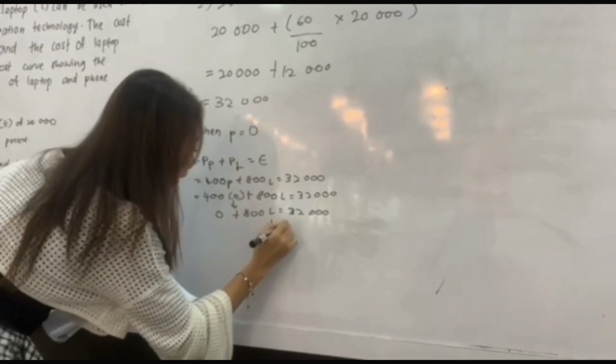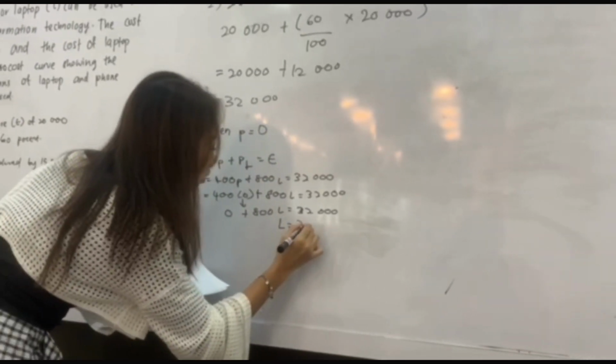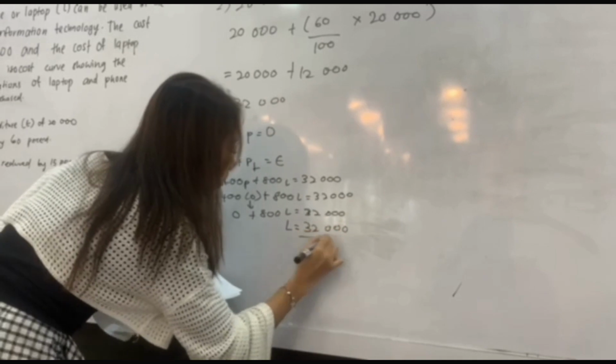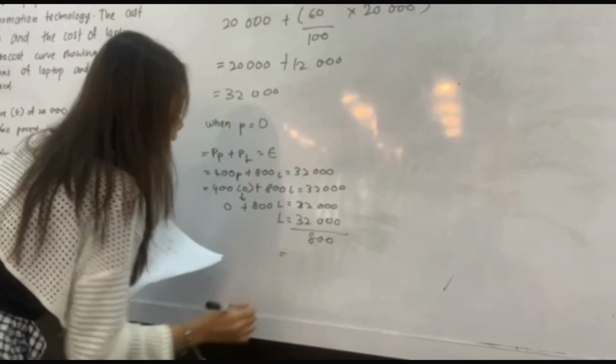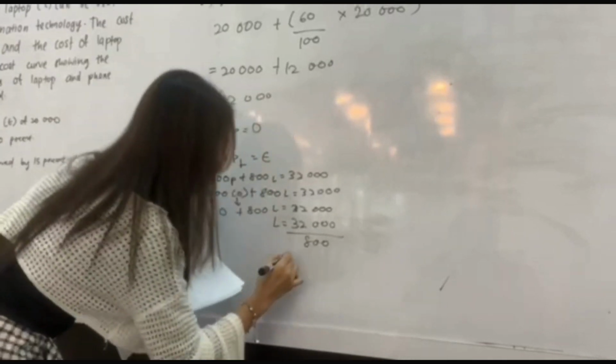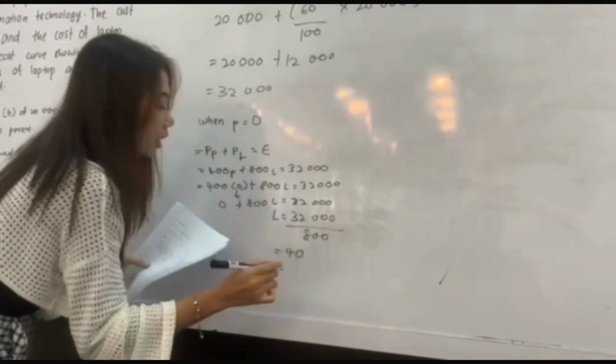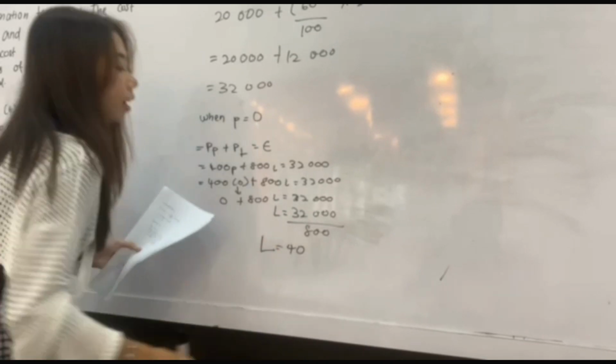So L, we get 32,000 divided by 800. So the final answer is we get 40. Don't forget to put the L.